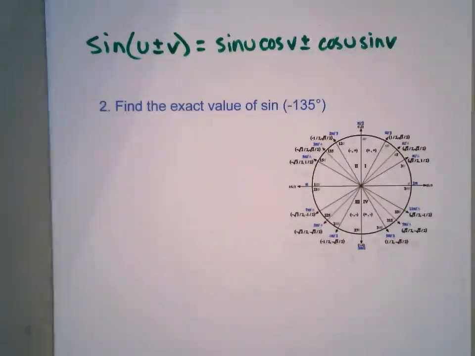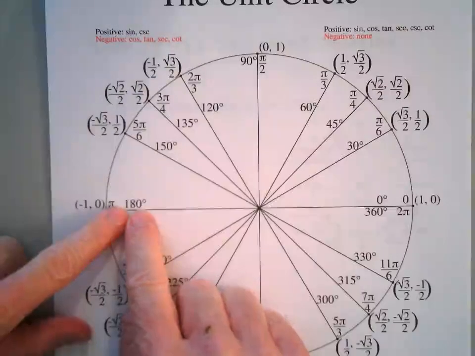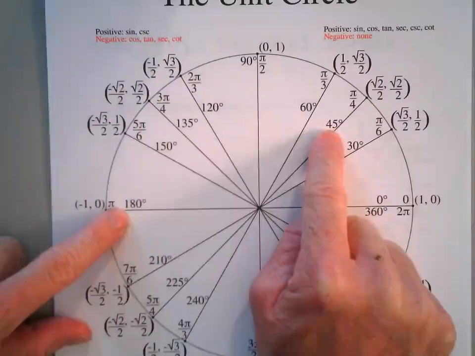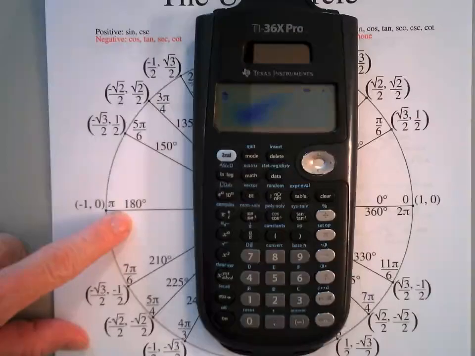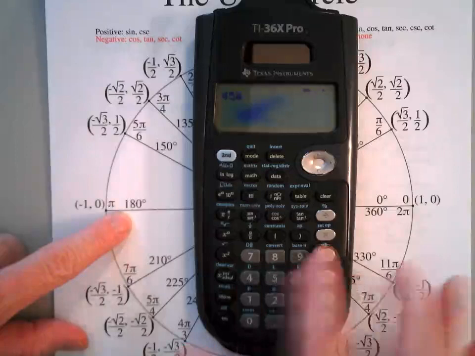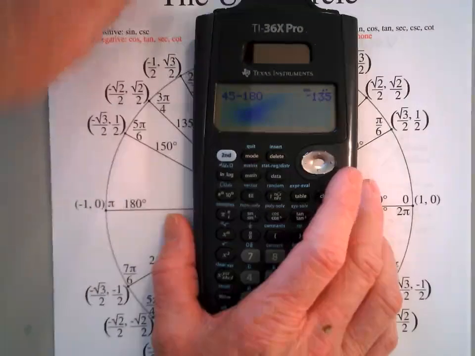All right, so now we have to come up with a value of 135 degrees. So you look at the unit circle, 135 negative. If I take 180 and 45, and I want a negative angle, remember, 45 minus 180 is negative 135 degrees, which is exactly the value we're looking for.